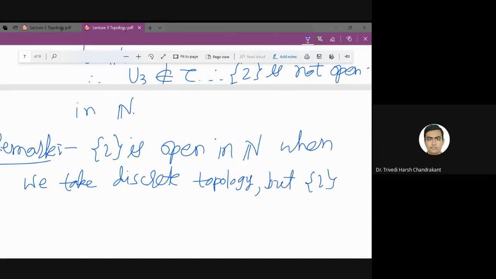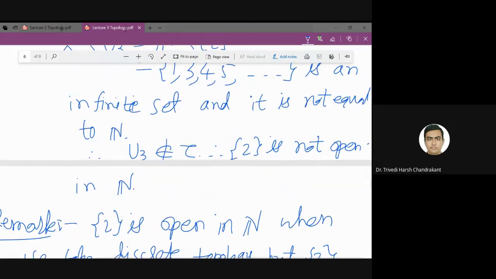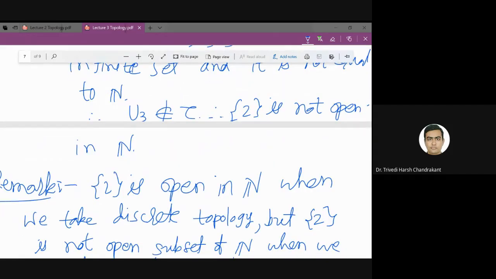But singleton 2 is not an open subset of N when we consider the cofinite topology on N. So these are just some simple examples of the topology when we consider the cofinite topology.